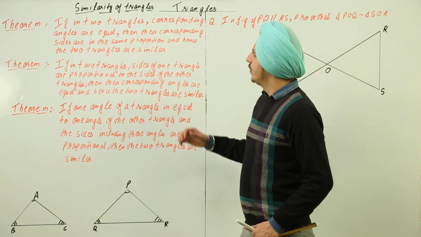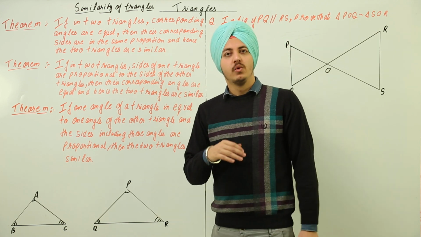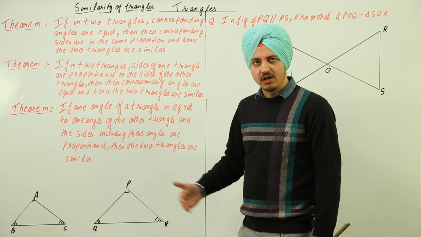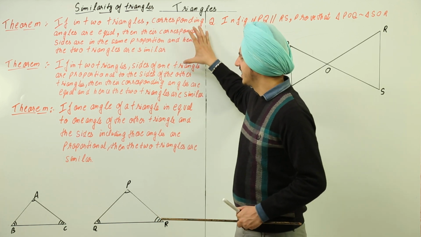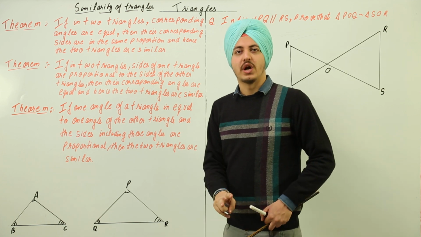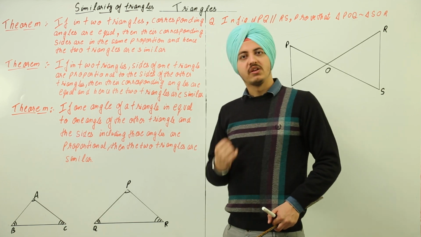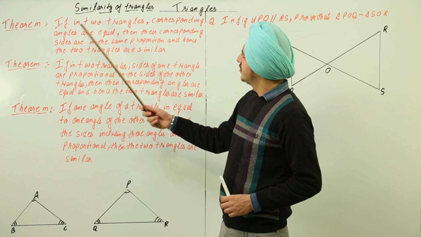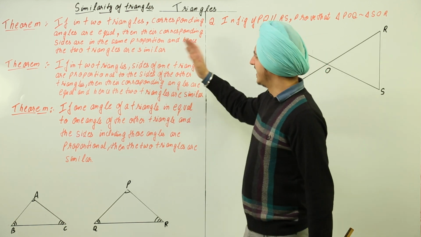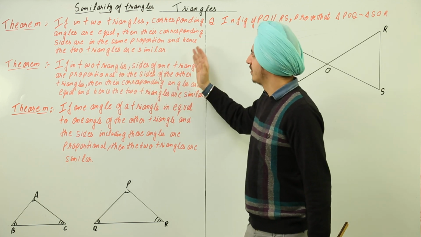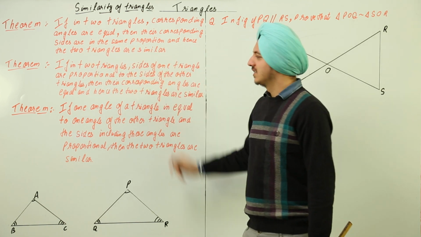But now we have a few theorems, and these are sufficient conditions to prove that two triangles are similar. The first condition is, if in two triangles corresponding angles are equal, then their corresponding sides are in the same proportion and hence the two triangles are similar.